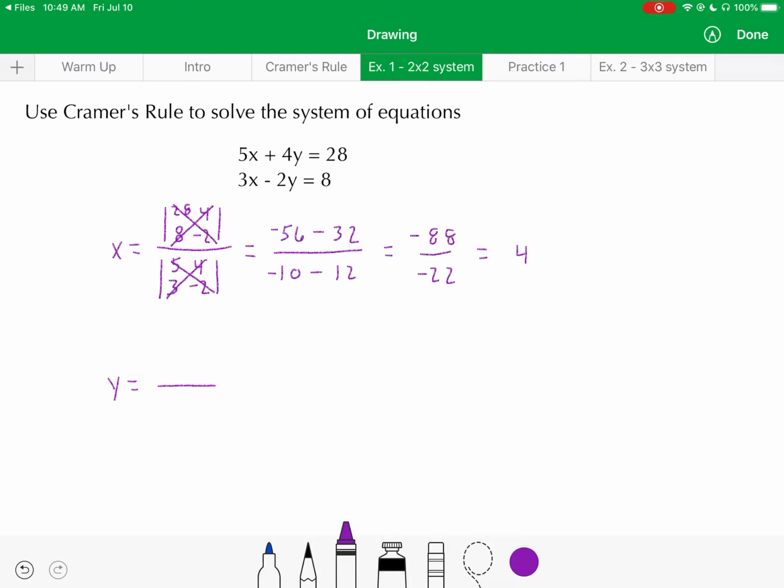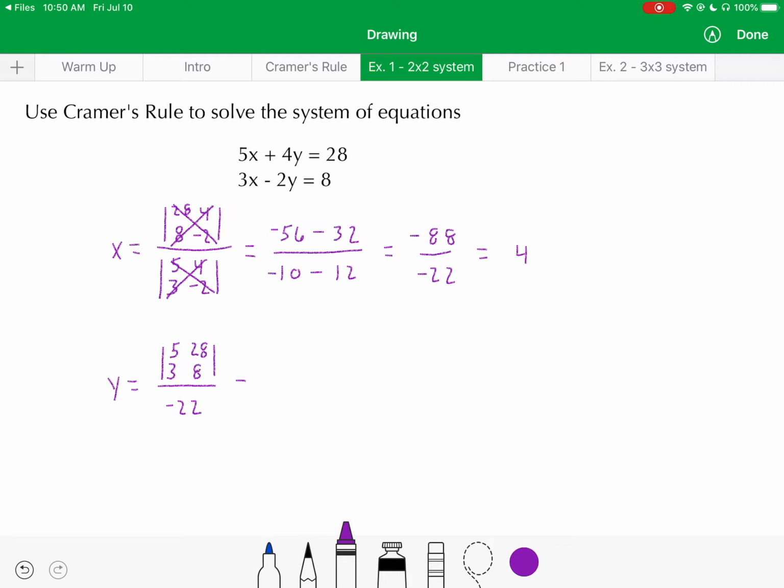Now here's the nice thing. When I set up for y, I already know that the denominator's determinant is going to simplify to -22, because I know it's the same determinant from the denominator of x using Cramer's rule. In the numerator, my first column would have the coefficients of x, which are 5 and 3. And then since I'm solving for y this time, the coefficients from the y variables get replaced with 28 and 8.